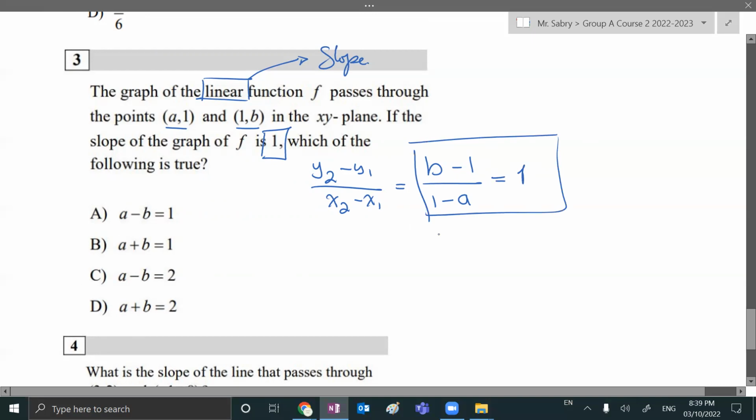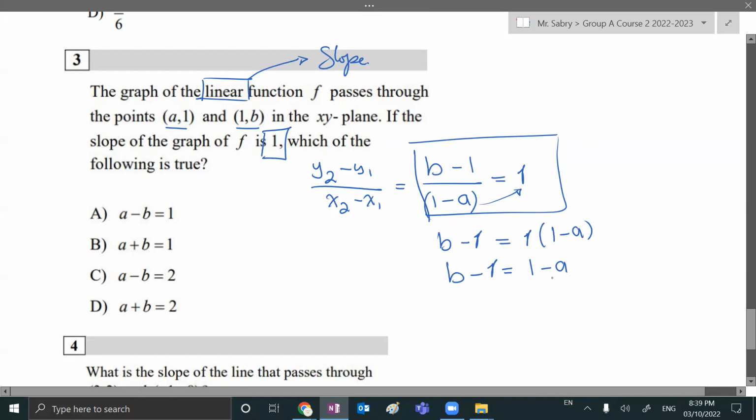So I'm looking for a way to put the A and the B next to each other. How to do so? Move this thing to the other side by multiplication. So I have B minus 1 equals 1 multiplied by 1 minus A, which means that B minus 1 is equal to 1 minus A. Now again, my target is to have the A and B on the same side.